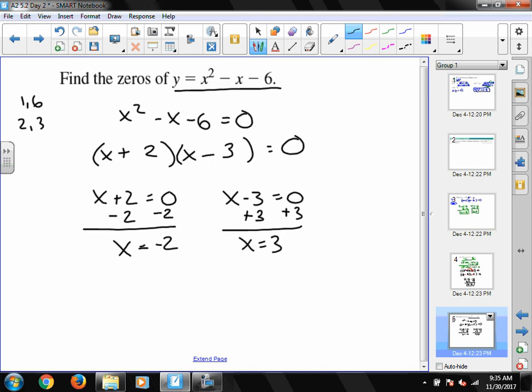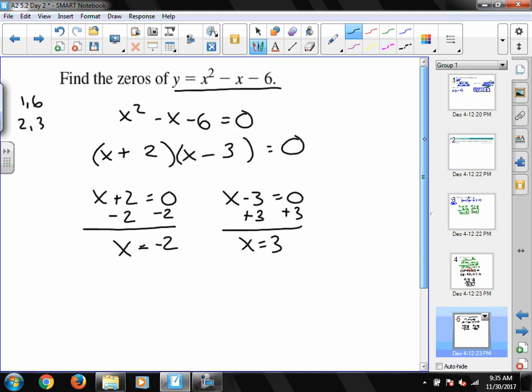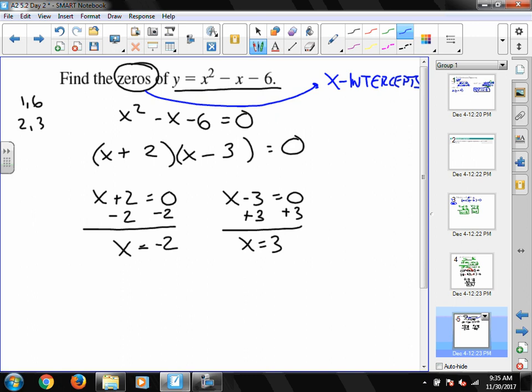Remember, show me all your work on these. I know they're easy equations, but it's easy to make a mistake. It's one of those little things that will help you out in the long run. Now, the question asks us to find the zeros. This means that we're looking at x-intercepts, which means we write these as points.